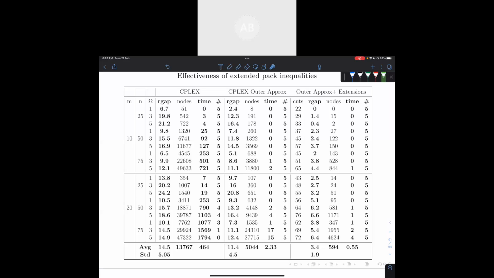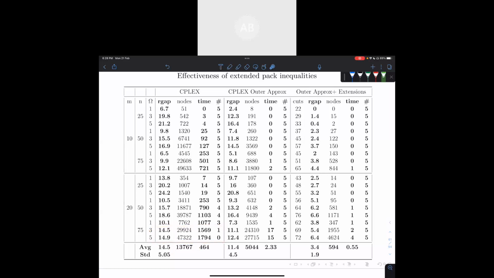How far was that? So if you see, Cplex by default, running all its cutting planes, has an average root relaxation gap of 14.5%. On average, it explores these many nodes. And primarily, it cannot solve the majority of bigger instances.